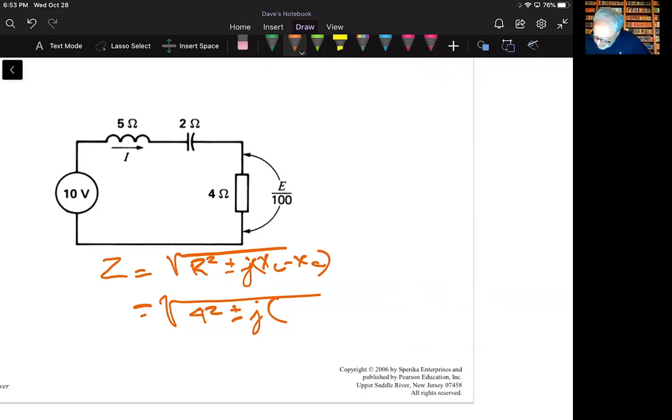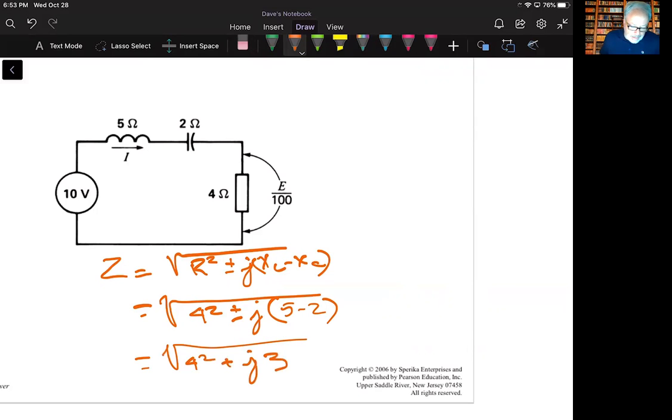So that ends up being the square root of 4 squared plus J 3, just like that.